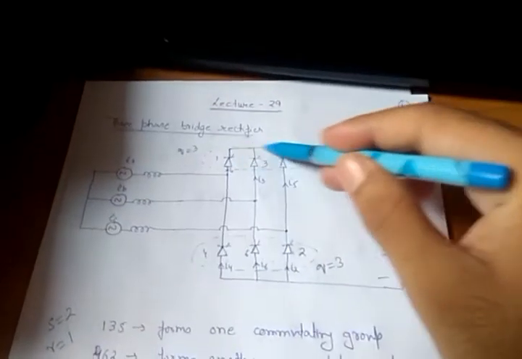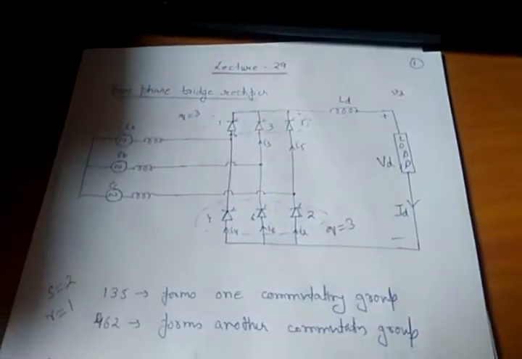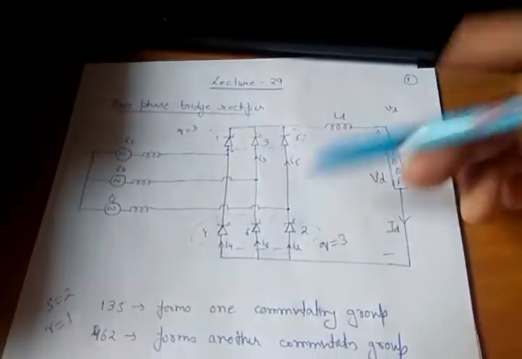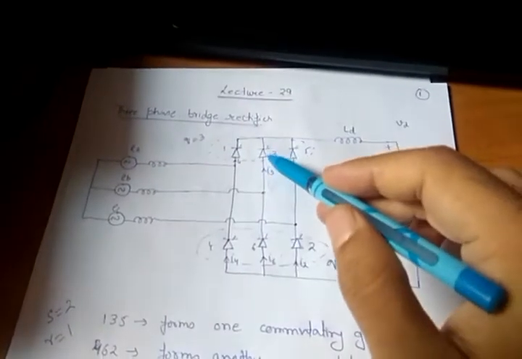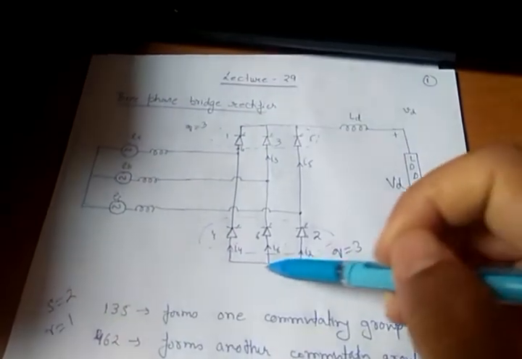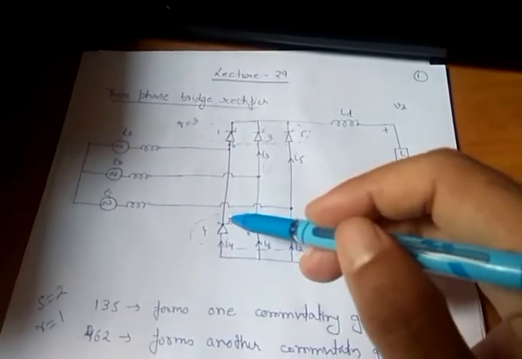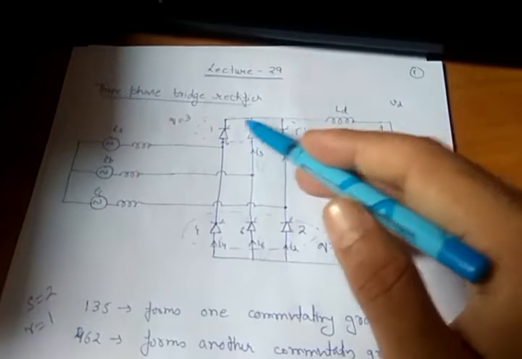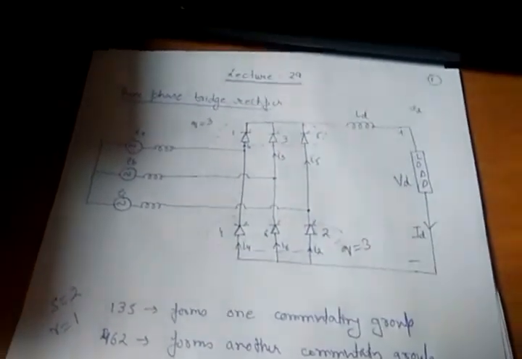Current flows from this to this and returns through valve number 2. So valves 1 and 2 are connected in series. Then 3 will conduct from the upper side and 4 from the lower side, so 3 and 4 are connected in series. At a time, two valves are connected in series. So S is equal to 2.